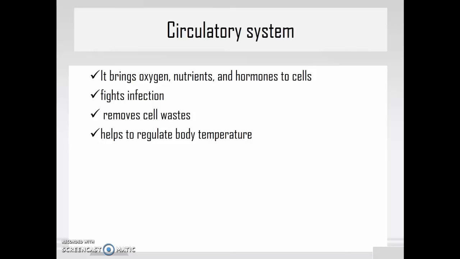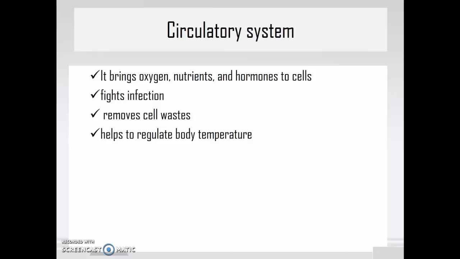And once cells have squeezed nutrients from the food, they release waste products, which are again transported to the blood, that is carbon dioxide, and blood is going to take this carbon dioxide to the respiratory system.